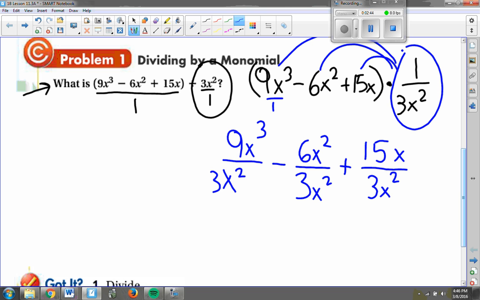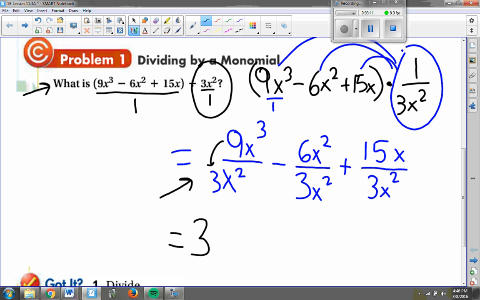So all I'm doing here is putting this monomial 3x squared underneath each of my three pieces. And now I am going to simplify. I'm going to cancel what I can and end up with hopefully a relatively simple polynomial. At least most of the terms should be pretty simple here. In this first term, this first chunk, I see a 9 on the top and a 3 on the bottom. 9 divided by 3 is 3. So I can divide the numbers.